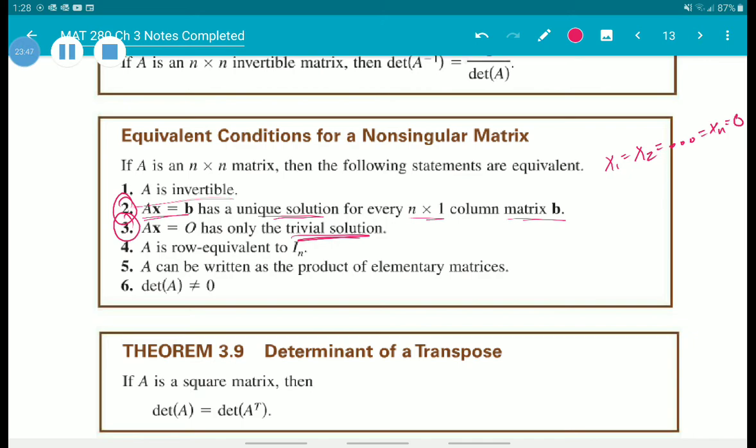And we saw that in chapter 2, where each row operation equated to an elementary matrix. So if we were to multiply all of those row operations together, which resulted from those elementary matrices, then we would get this A matrix back. And all of this also means that the determinant of A is not equal to 0. So we're building this list as we're going through this course, and we'll add a few more things to this as we go through.